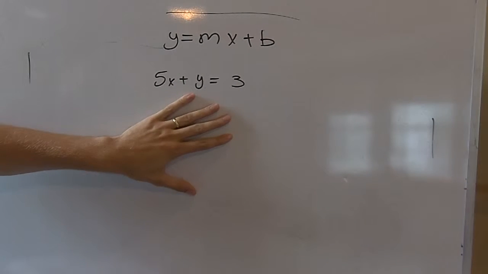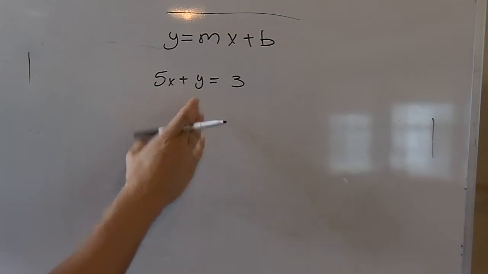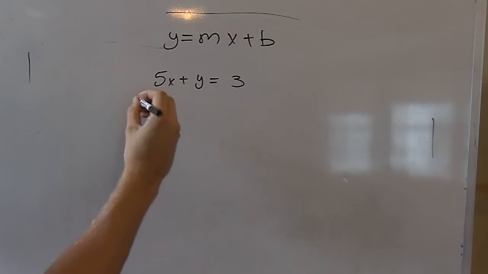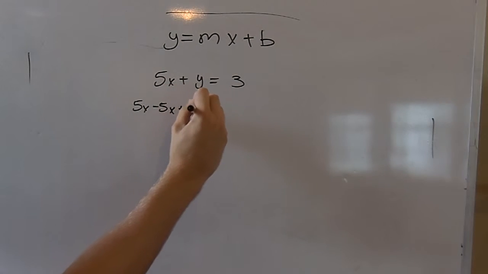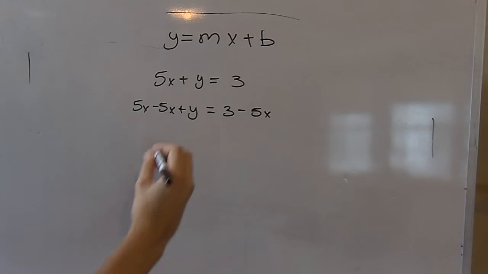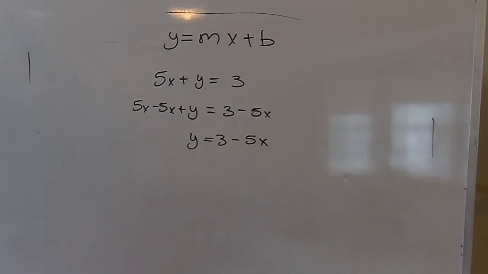So this is just a simple 1 or 2 step equation depending on the problem. I want y to be alone, which means I need to get rid of the 5x. So I'm going to subtract 5x from both sides. Okay.